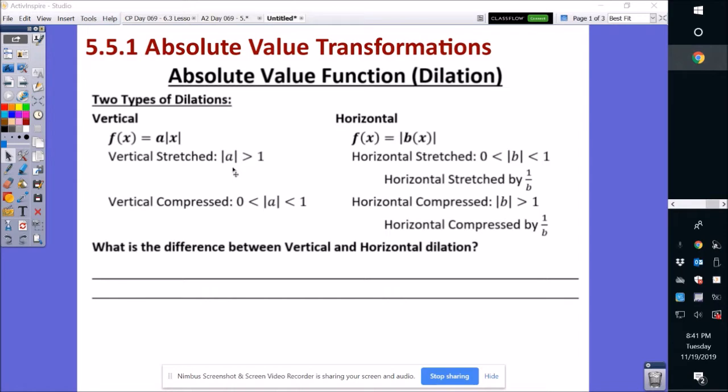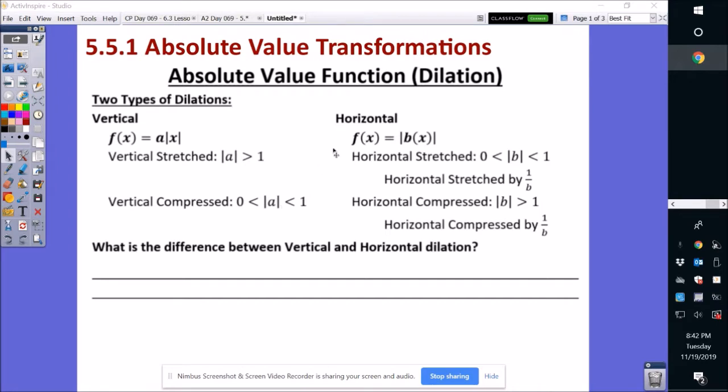So in the event that there's a negative sign in front of a, and you're just focused on dilation, then you're just going to look at the number and ignore the negative sign. So if the number value is greater than 1, you can classify it as a vertical stretch. To classify as a vertical compress, the a value is between 0 and 1.